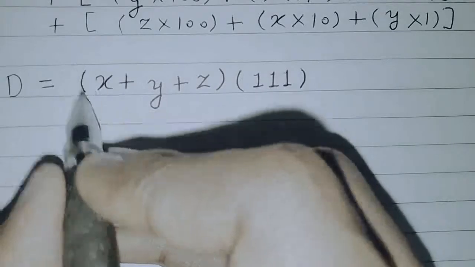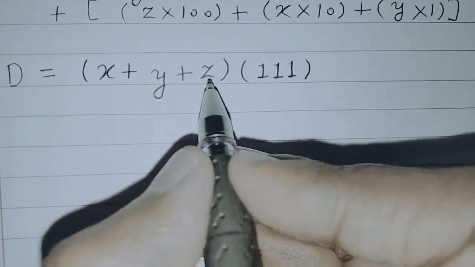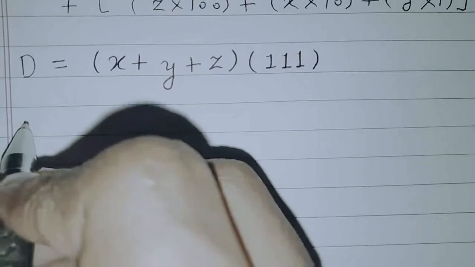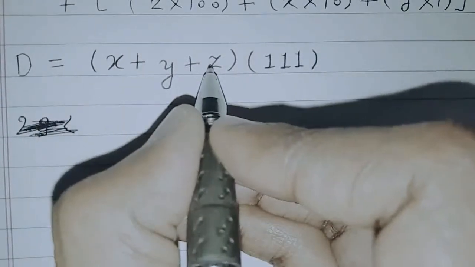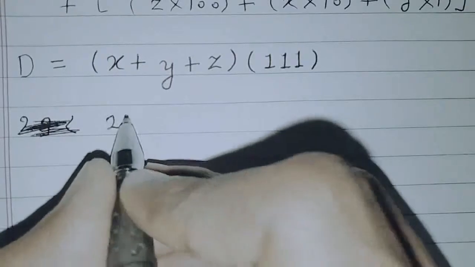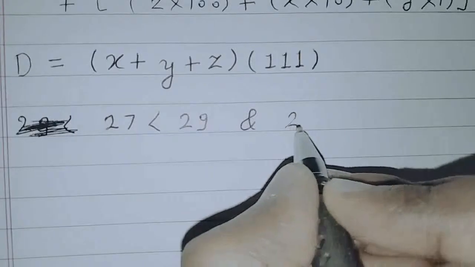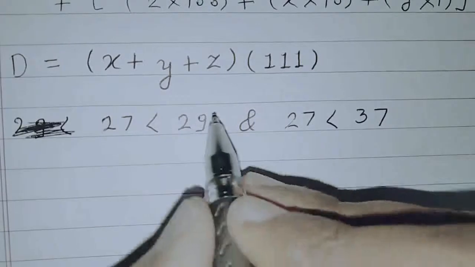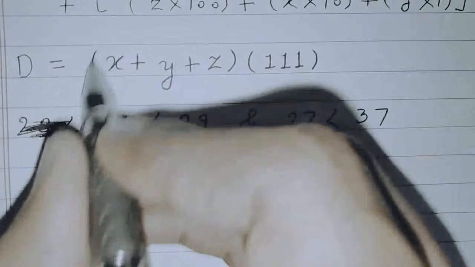Therefore at most this factor X plus Y plus Z can have a value equal to 27, and 27 is less than 29, and also 27 is less than 37. Therefore neither 29 nor 37 can divide this first factor.